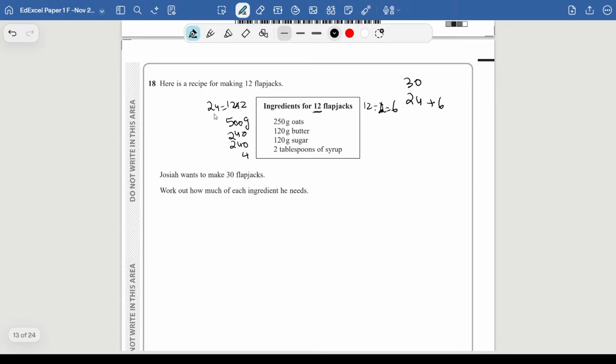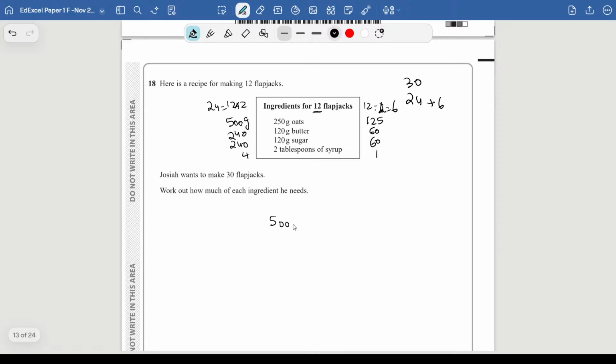This goes in for 24 flapjacks, and half of it for 6 flapjacks will be half of 250, which is 125 grams of oats, and then 60 grams of butter, 60 grams of sugar, and 1 tablespoon of syrup. And now it's easy for me to add these two quantities so that I get the accurate measurements for each of these ingredients.